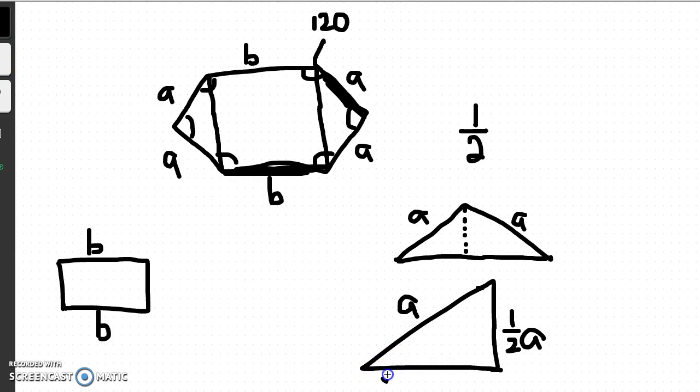But this would be root 3 over 2 A. And that's important for us because that's this right here, and we're trying to find all this. So now we know that this right here is root 3 over 2 A times 2, or just A times root 3.